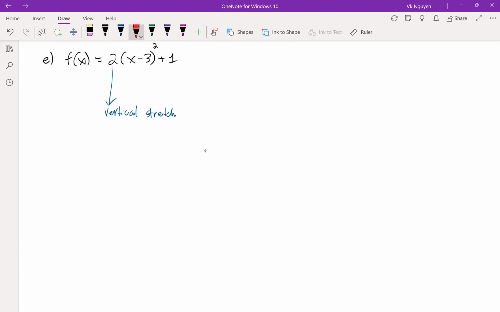Minus 3, so it's just the number 3, shift right 3 units. Plus 1, shift up 1 unit.